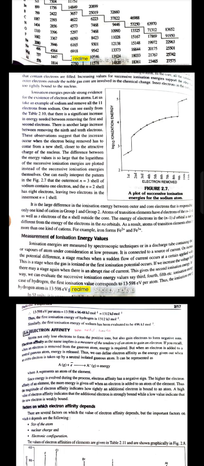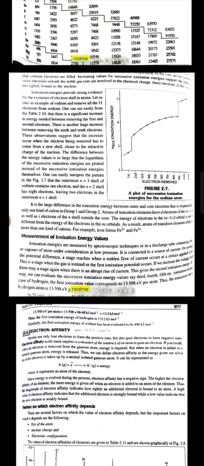Measurement of ionization energy values. Ionization energies are measured by spectroscopic techniques or in a discharge tube containing the vapors of the atom under consideration at low pressure. It is connected to the source of the current. On increasing the potential difference, a stage is reached when a sudden flow of current occurs at a certain applied voltage.